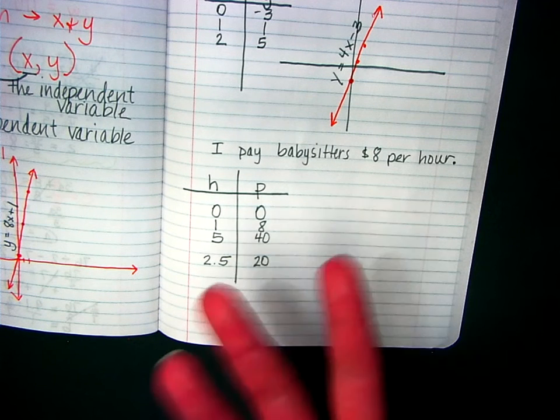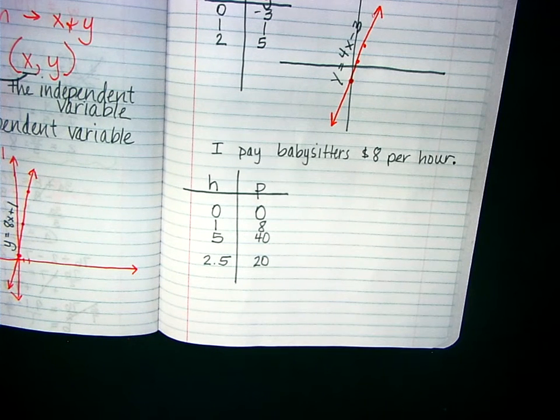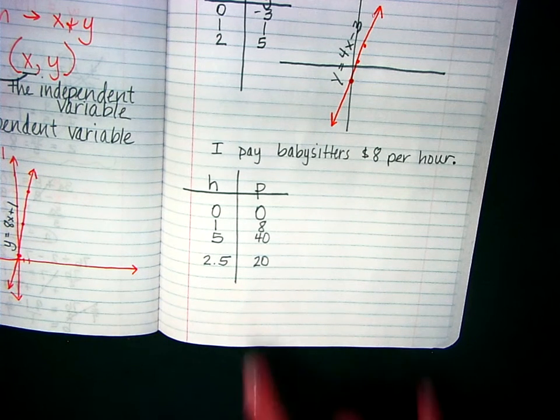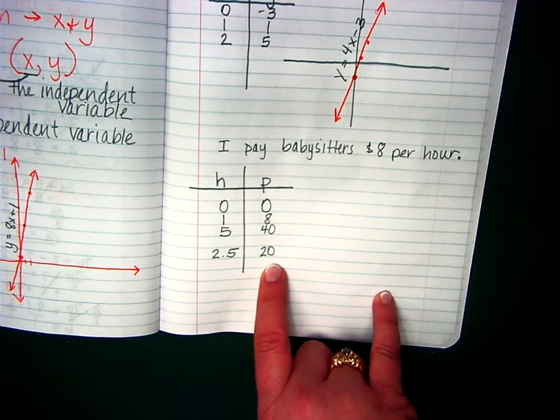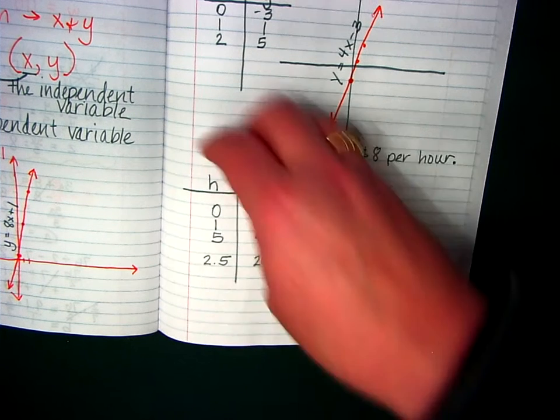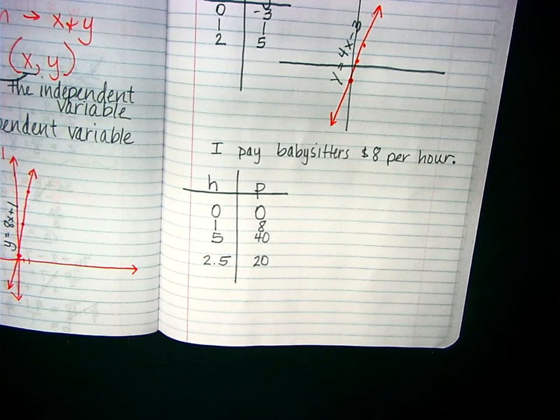Because they got $10, but they were there 3 hours, and they thought the formula was $8 per hour, and that made the formula look like it was $3.33 per hour. So there's lots of things that don't fall on the line, but there's also lots of things that do.